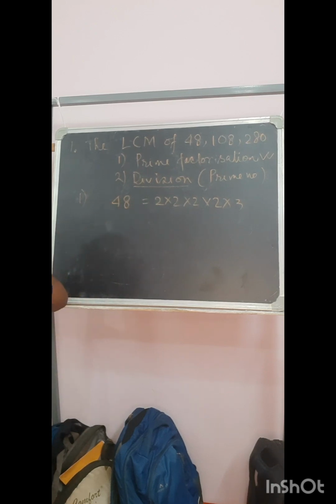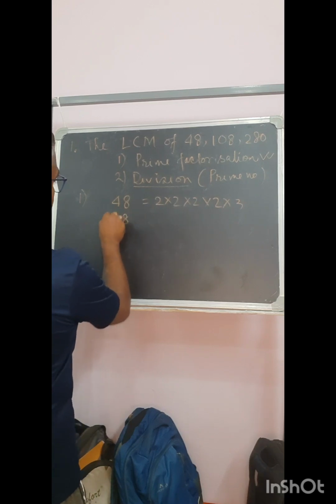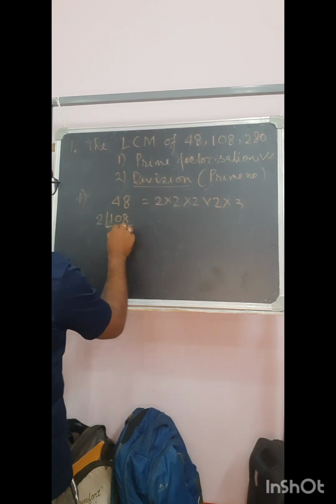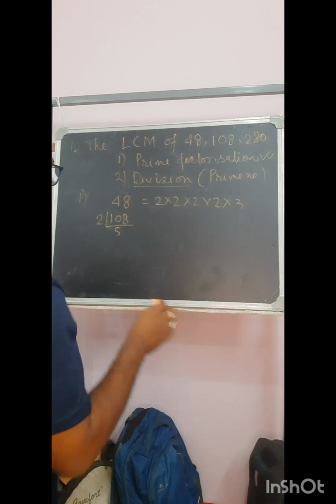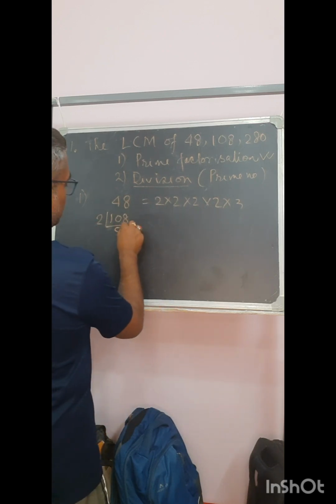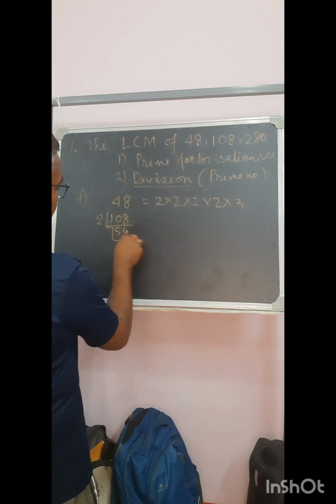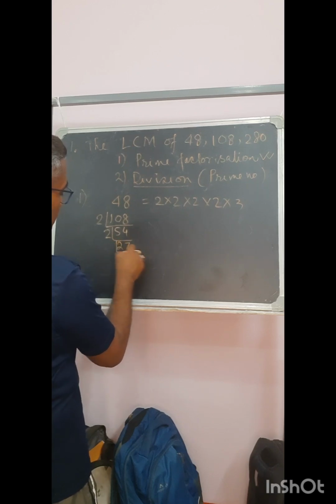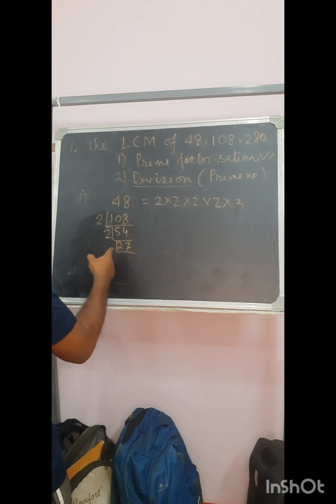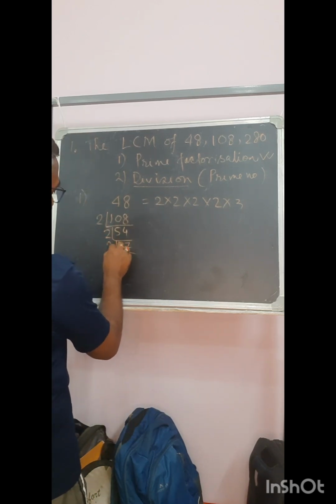Now come to 108. I will do the factorization with 2, because I have to start with the minimum prime number. The 2 is the minimum prime number, so I start with that. 2, 54, 27. Now 2 cannot divide 27, so I will try the next prime number, that is 3.